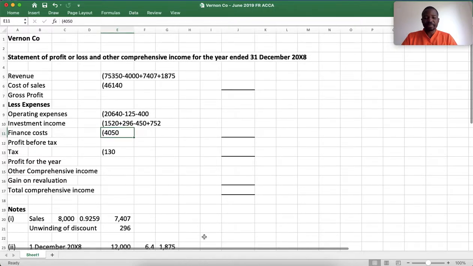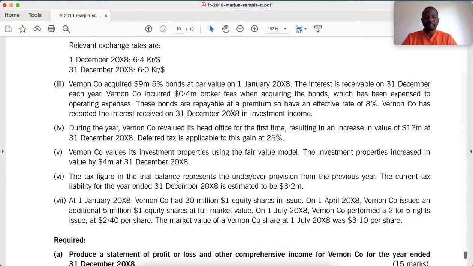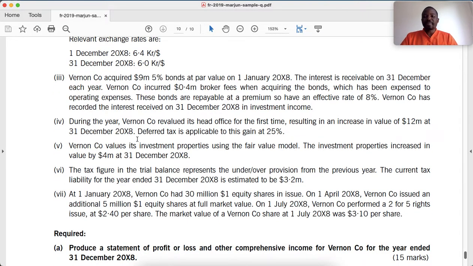Now let's go to our question again. Note number 4, we are told during the year, Vernon Co revalued its head office for the first time, resulting in an increase in value of 12 million at 31 December. Deferred tax is applicable to this gain at 25%. So we are going to record the gain on investment.